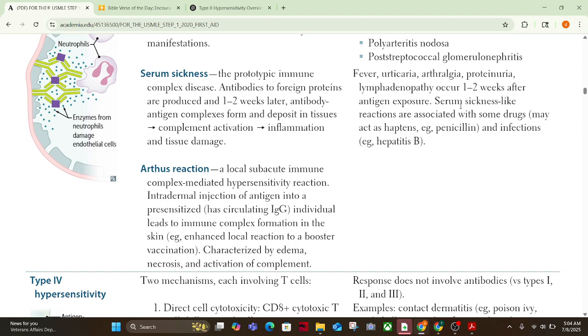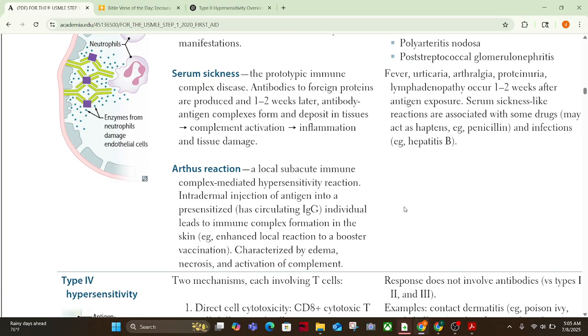And so here, when you have a booster shot, that's when the antigen and antibody mix together and will cause inflammation by activating the complement.